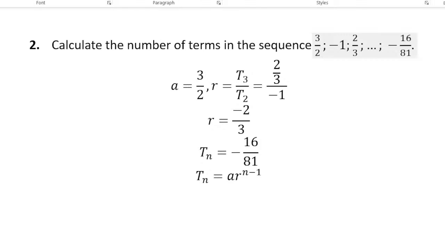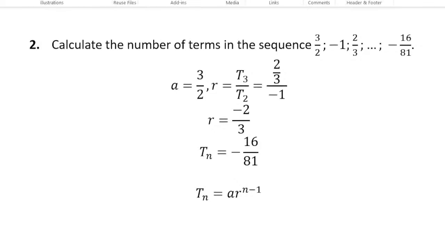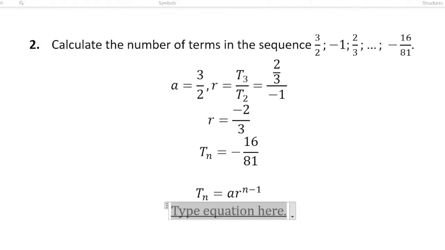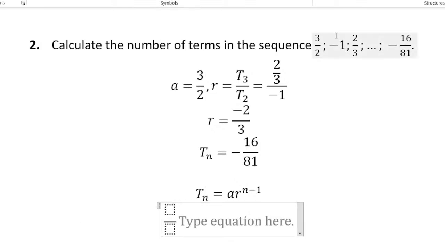So now let's substitute in the general form.